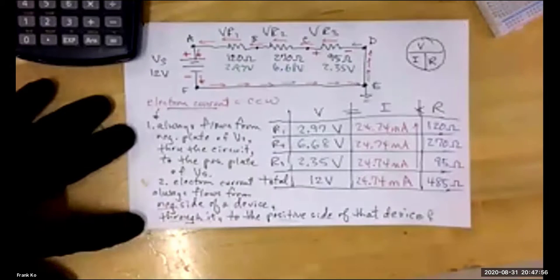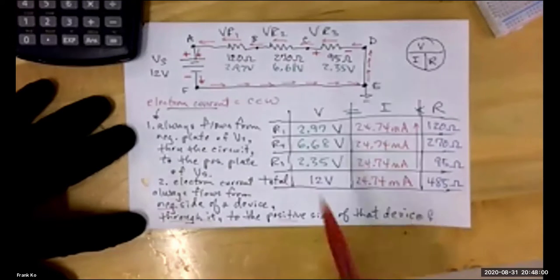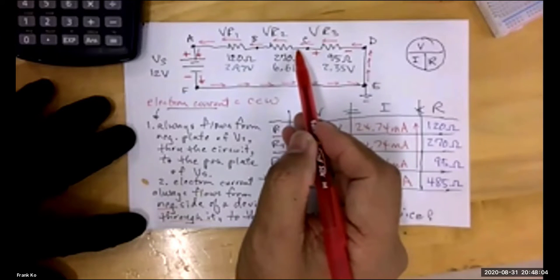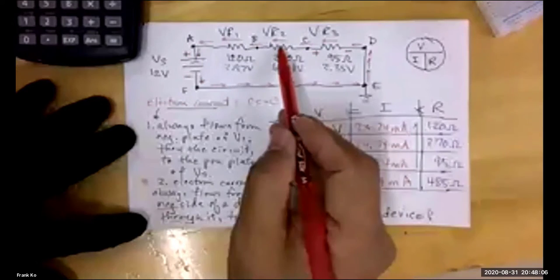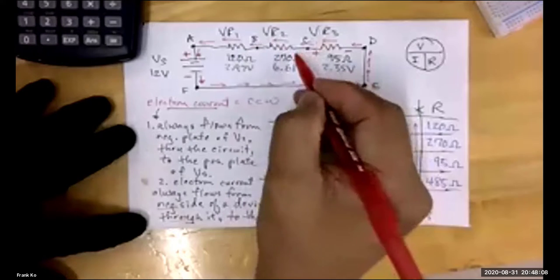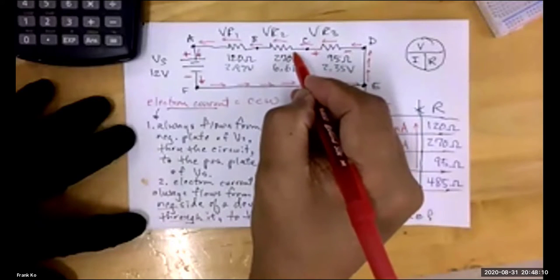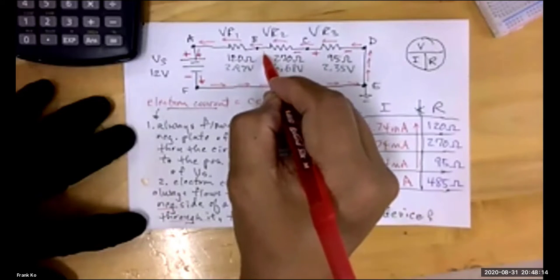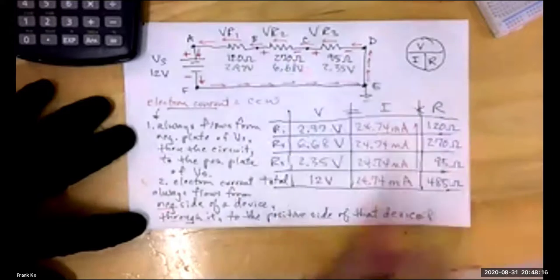All right, how do we polarize R2? What polarity? Well, look at how the electrons flow through it. It flows in the right side, through it, out the left side. So the right side should be what polarity, my friends? Negative. And the left side should be positive. Very good.